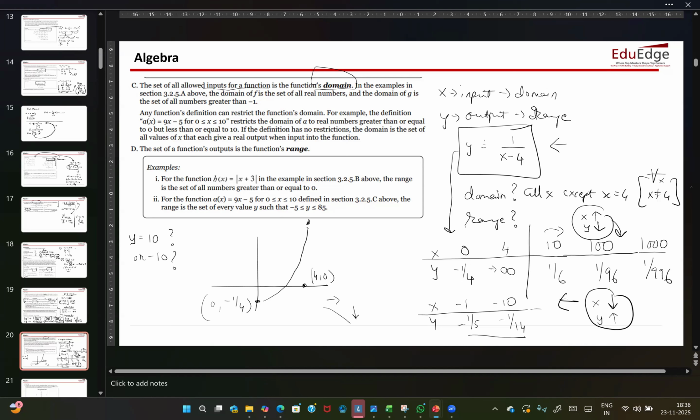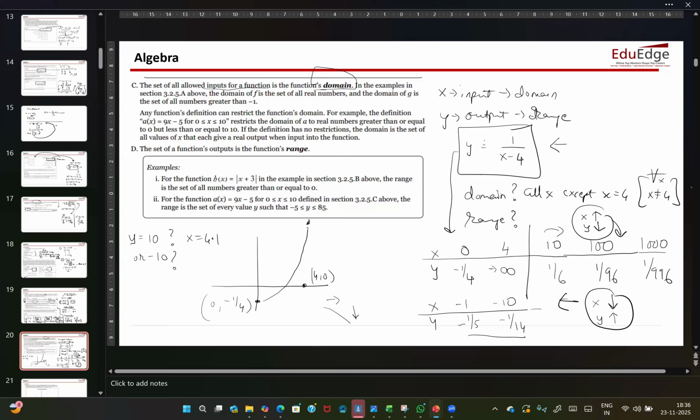Okay, so you want y as 10, which means what if x is 4.1? So when x is 4.1, the difference between 4.1 and 4 becomes 0.1, and 1 divided by 0.1 is 10.